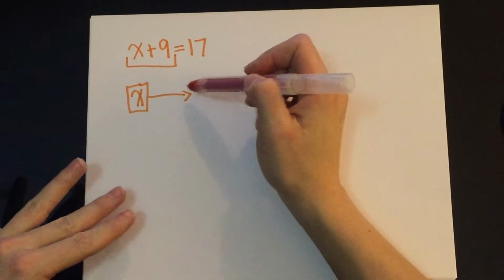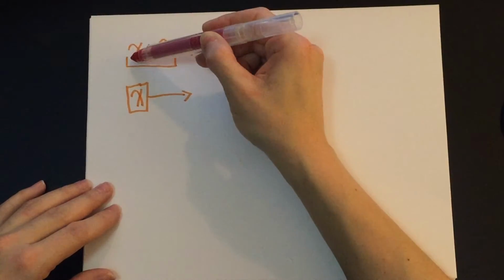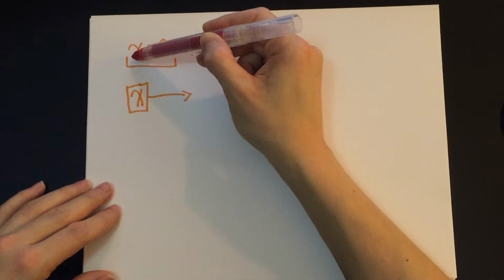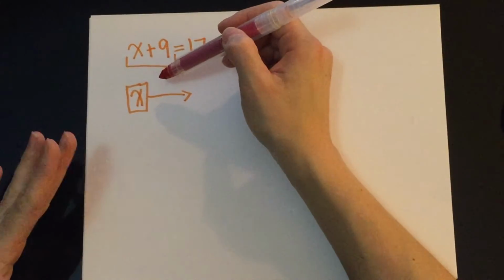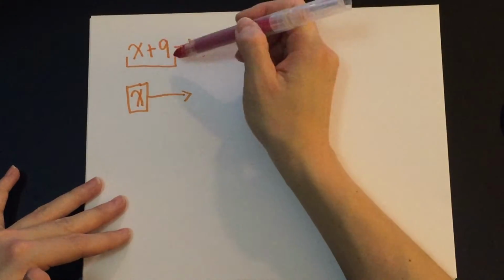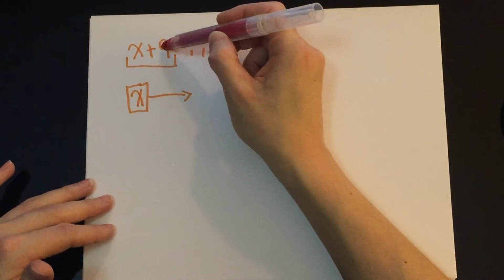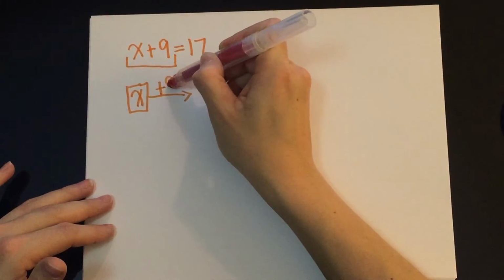In order to flow to the next box, we have to decide, what's happening to the variable? Well, nothing's being multiplied or divided, so we move on to addition or subtraction, and it's being added to 9. So we go x, and it's being added to 9.